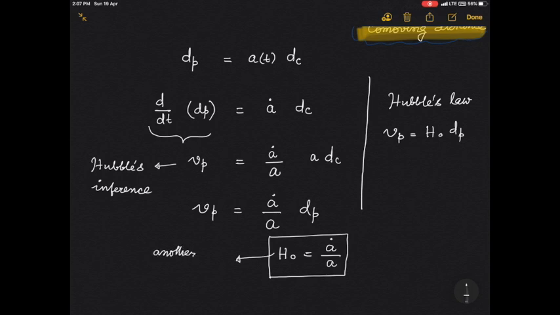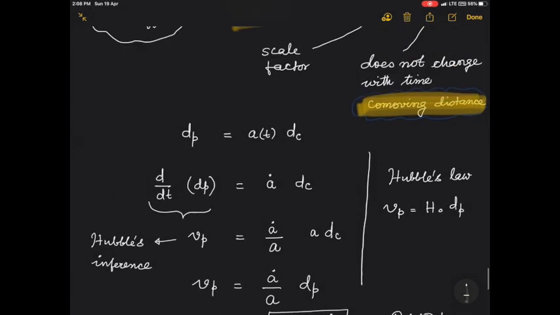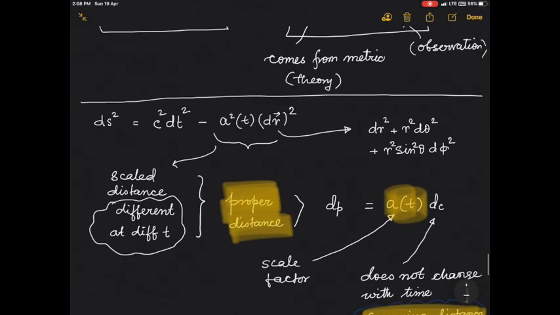So that is another observable that one can measure out of Hubble's law, out of observations like Hubble's, and it is related to the time dependence of the scale factor a.